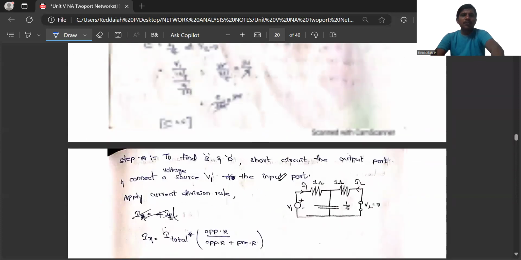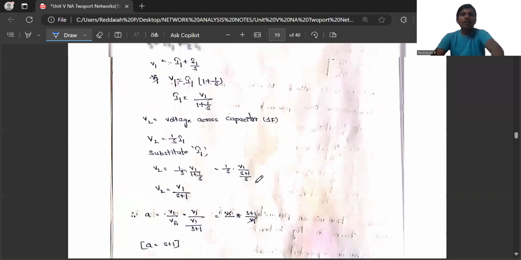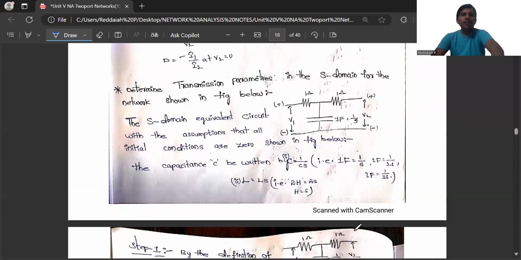To find the transmission parameters, we are converting this into the S domain. That is, Laplace transform we have to apply for this. Determine transmission parameters in S domain for the network shown below.